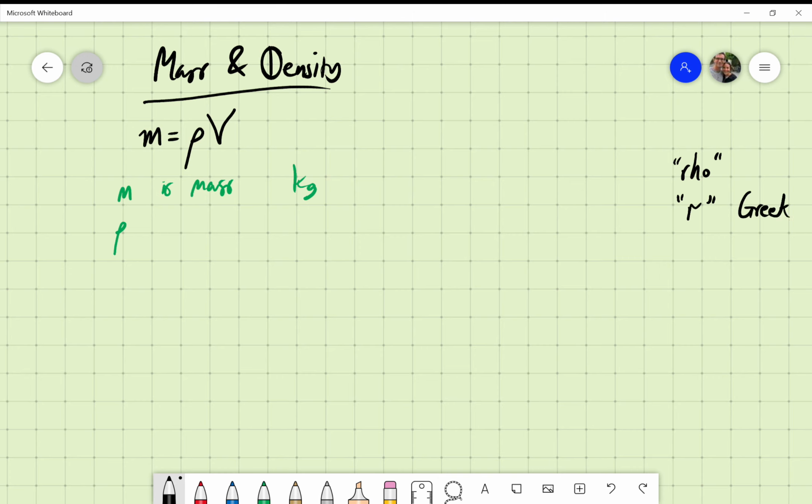And for whatever reason, rho is the symbol which has become popular usage for density. Density is how much stuff there is in a particular object for the amount of space it takes up. And you can see that reflected in the units, kilograms per meters cubed. How much mass per volume. The units always give you the clue to what's happening.